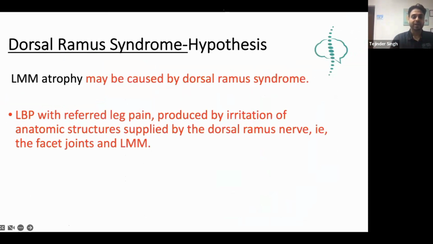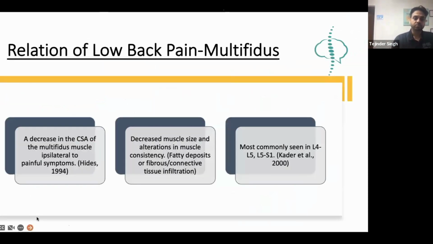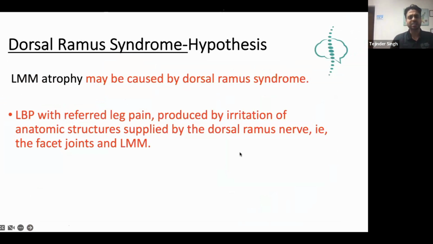Going back, there have been various theories given for why multifidus at the same segment is shutting down on the same side. One theory was something called dorsal ramus syndrome. Dorsal ramus is the nerve that supplies the facet joint at that segment and also supplies the muscle at the same segment, and I'm talking about deep fibers of multifidus.